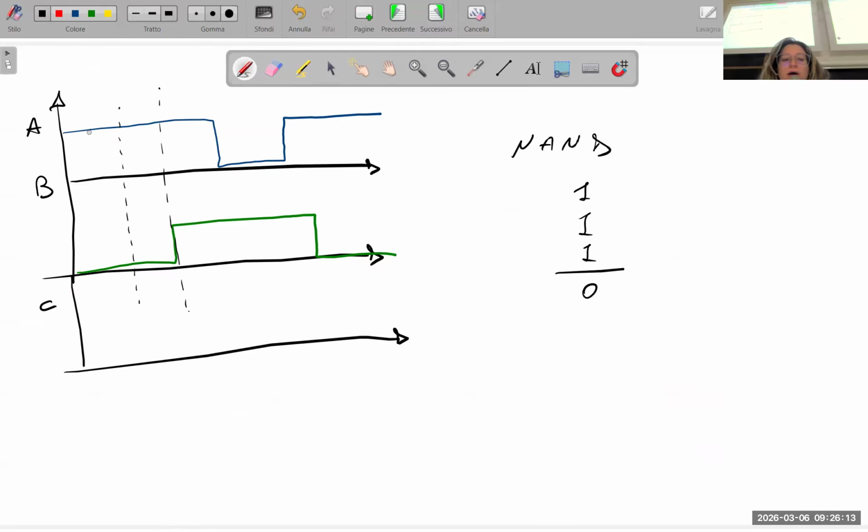So 1 and 0 is 1. 1 and 0 is 1. Then, I think that this must be done more or less here. But if we have 0 and 1, we have again 1, and then so on.